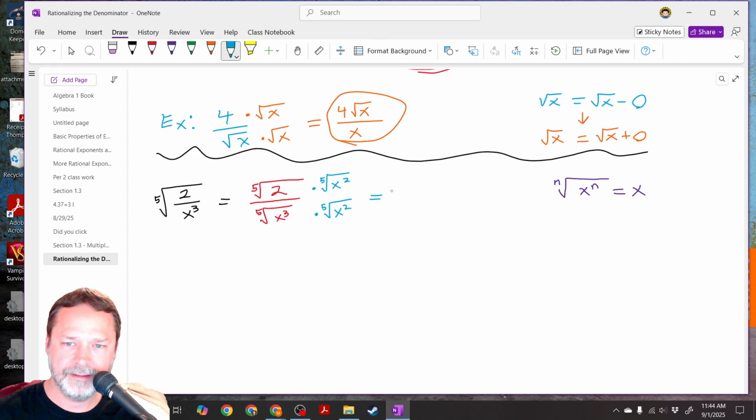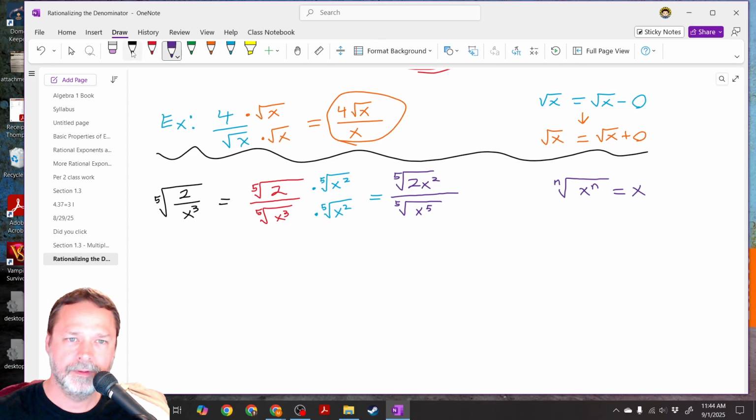And we get, on the top here, the 5th root of 2x squared, all over the 5th root of x to the 5th, and we already know those cancel each other out.